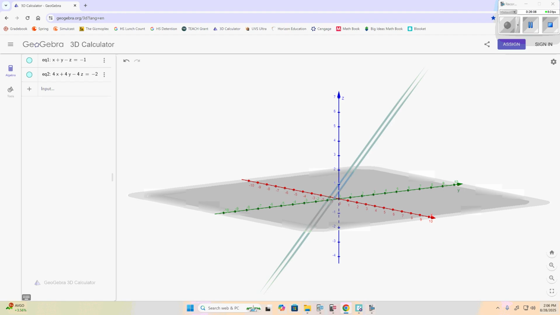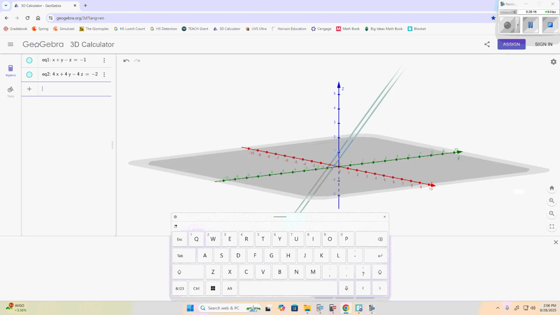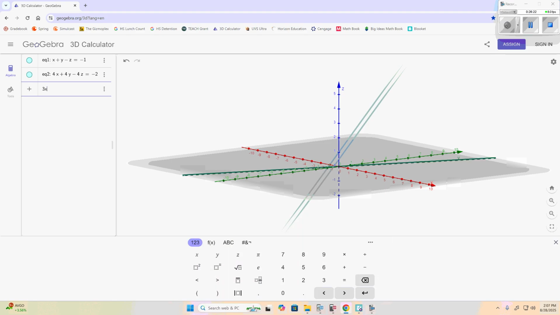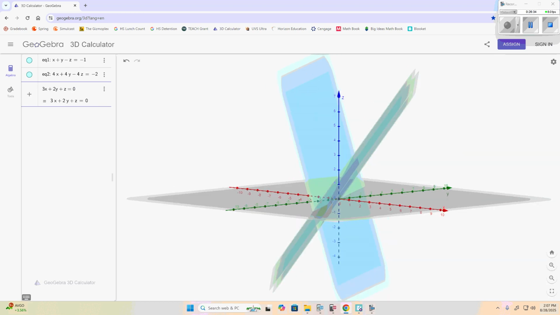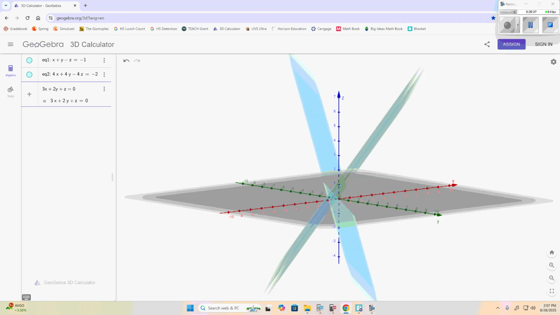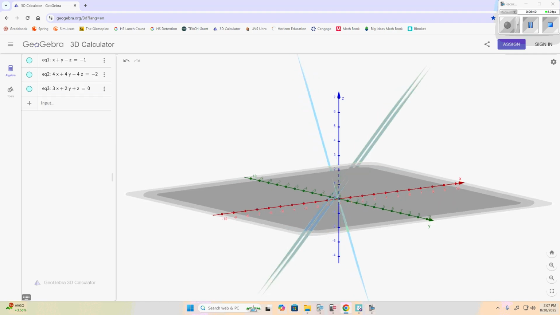No solution, because those two planes are parallel. And that's part of the reason why I ended up finding this and using this, because it is kind of nice to be able to see graphically what this looks like. Now there is a point of intersection for the other one, that other plane, but doesn't matter. The other two are parallel to each other. So that would be no solution.